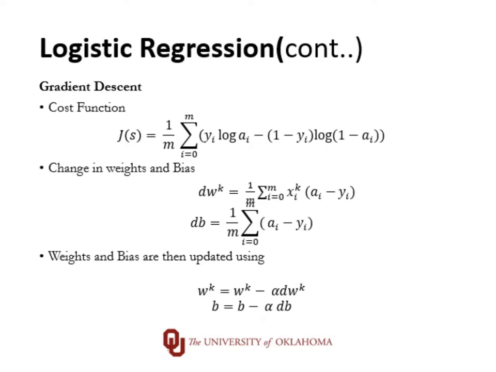Similarly, the change in the weights and bias are also calculated. After that is done, the weights and bias are updated, where B is the bias and dB is the change in the bias.